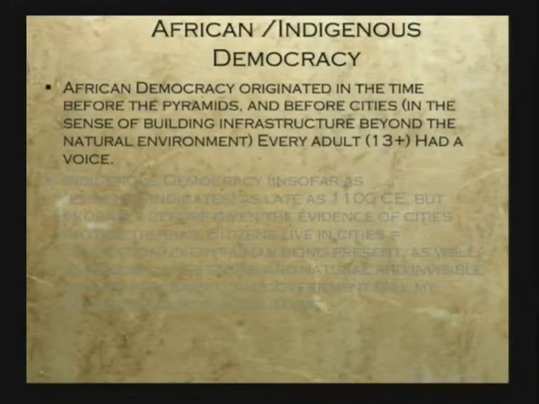So, African and indigenous democracy. When you're indigenous to a place, and here's what I'm going to define: if you're native to a place, then your people have been there for 100 generations, preferably 1,000.